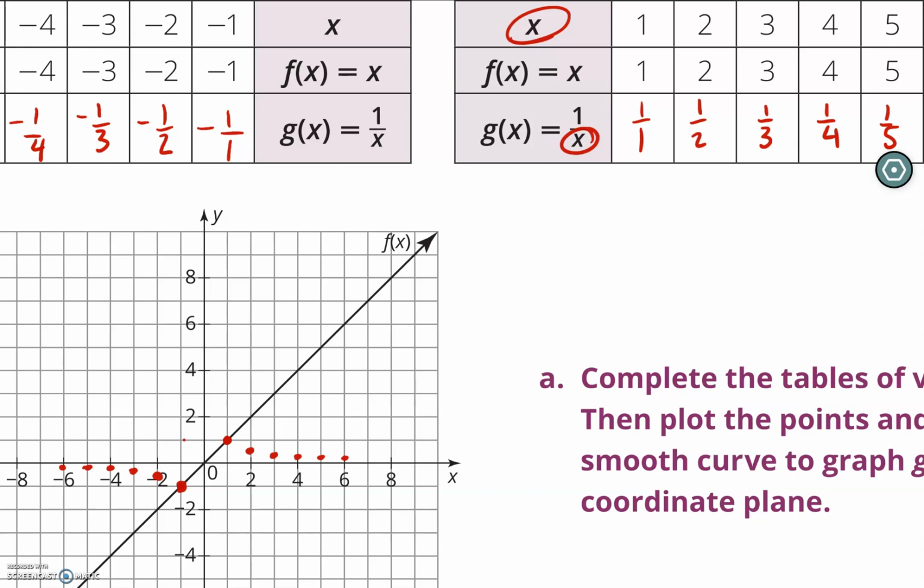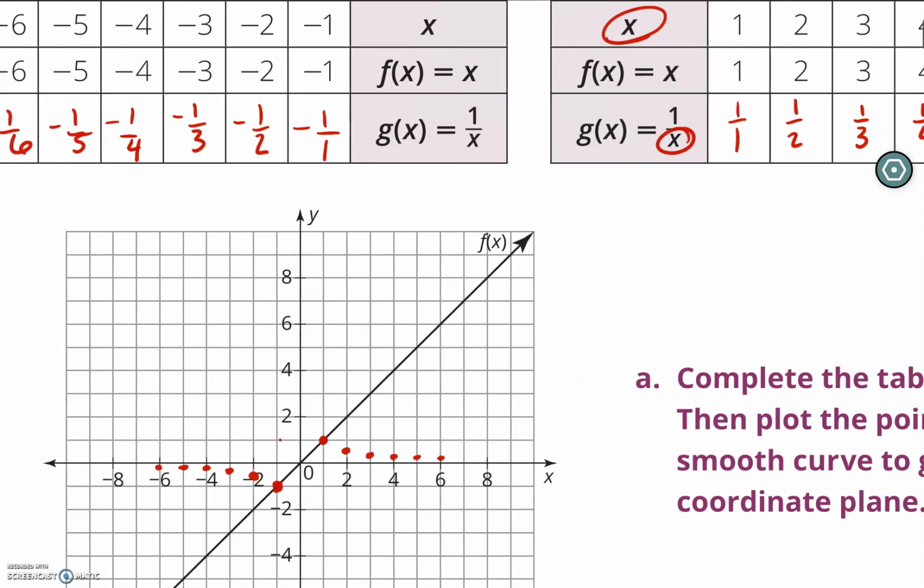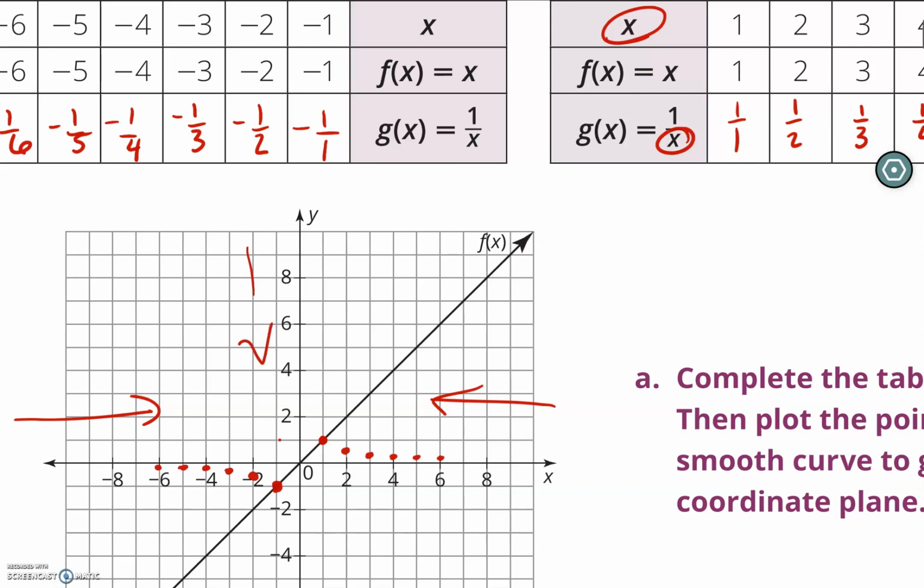So you can see, if we quickly read this graph from the outside in, as they approach the y-axis, they start to curve up, and as they approach the x-axis, they curve and they don't ever hit it. So these are never going to hit those axes.